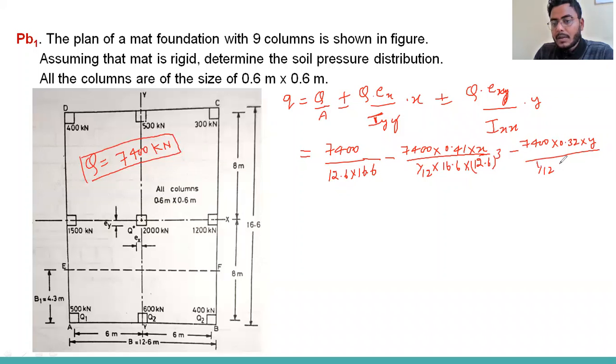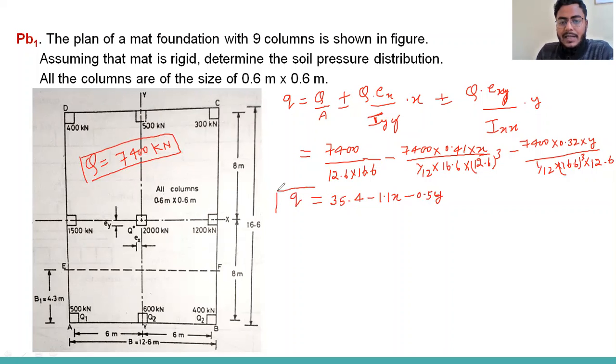So 1 by 12 into 16.6 cubed and then 12.6. After calculating, we get this result: 35.4 minus 1.1x minus 0.5y. Okay, so this is the relation we got.